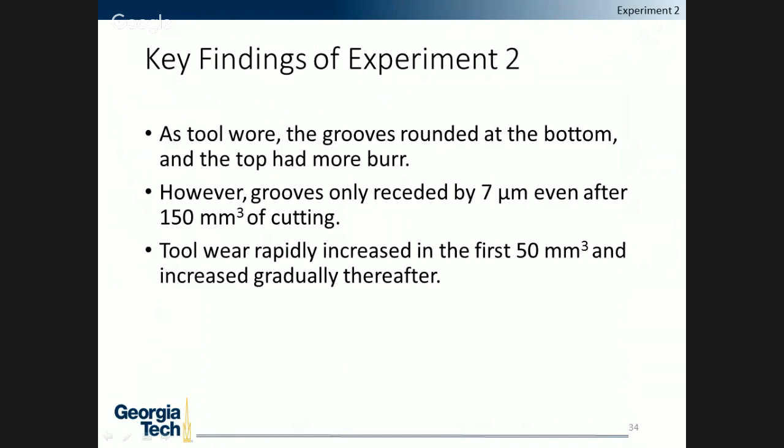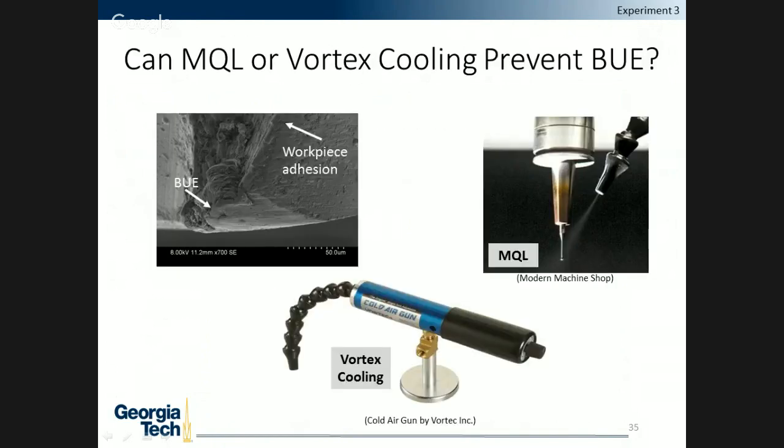Tool wear was very rapid initially, but after the first 50 millimeters cubed, it increased gradually thereafter. Built-up edge on the tool was very prominent. And because built-up edge was very prominent, that is a bit of a concern, because once built-up edge forms, it will eventually break off, and it often will take some of the tool coating with it, or even chip the tool and permanently damage it.